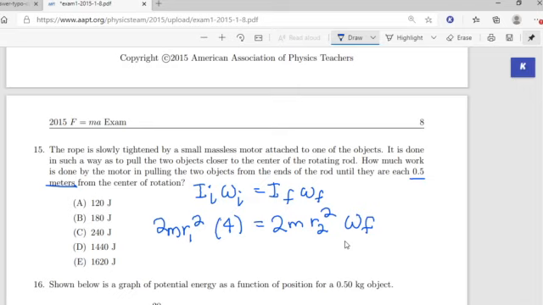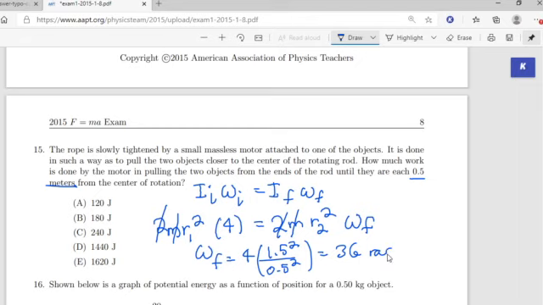We can clean this up by getting rid of these. So we have the final angular velocity is equal to 4 times 1.5 squared over 0.5 squared. And that's 2.25, and this would be 0.25. 2.25 times 4 is 9. So we should get that it's 36 radians per second.